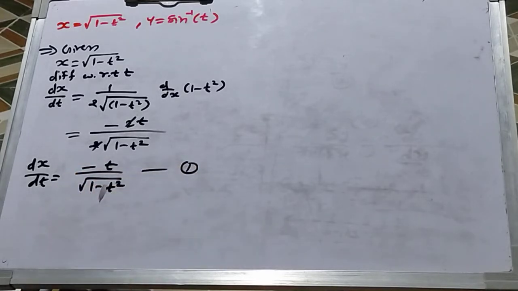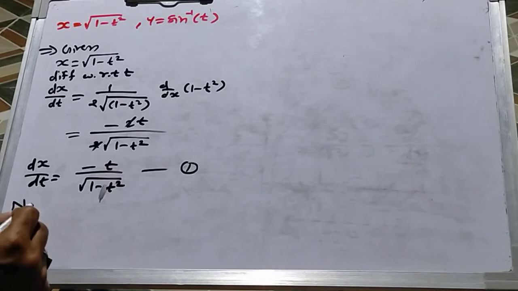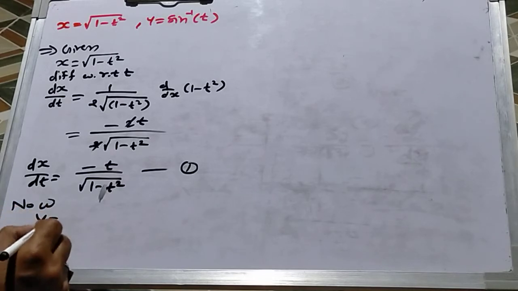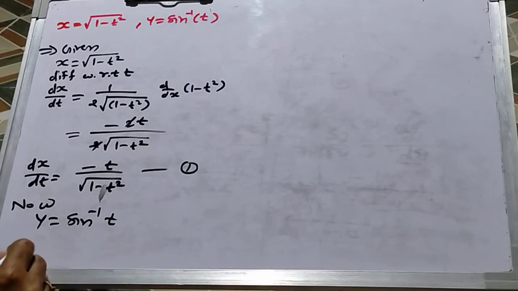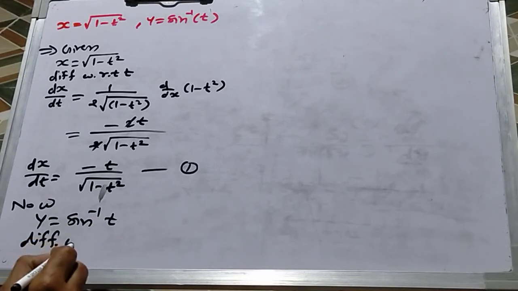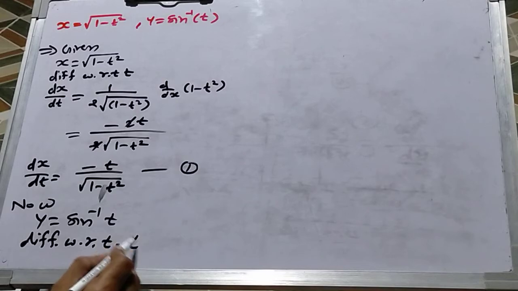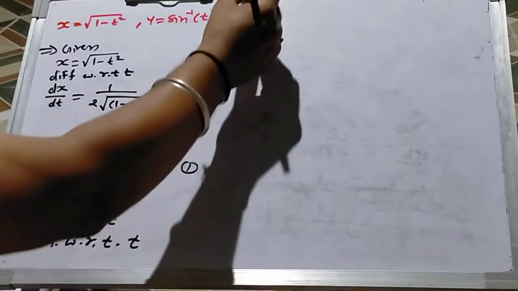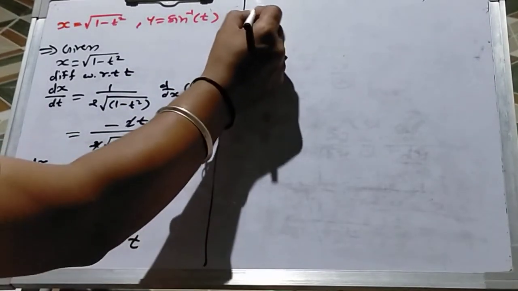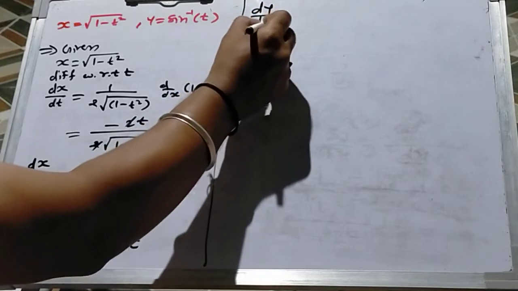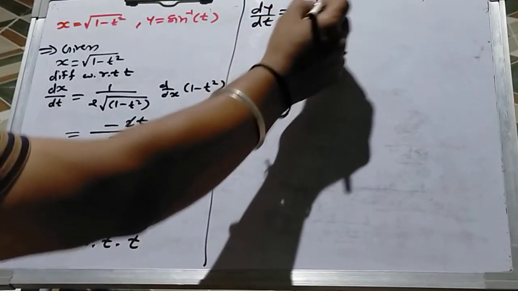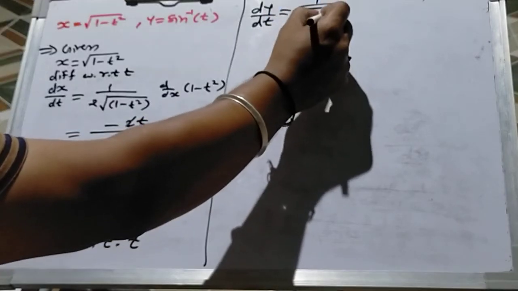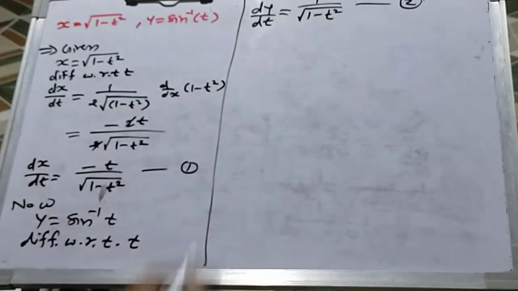Now secondly, y is equal to sine inverse of t. So we differentiate with respect to t. Now the derivative of y with respect to t, dy by dt, is equal to the derivative of sine inverse of t, meaning 1 divided by root of 1 minus t square, called 2.